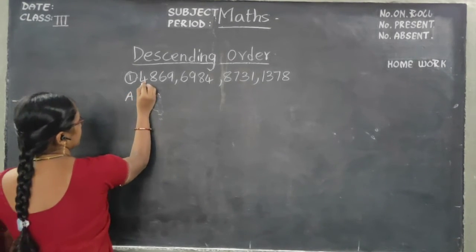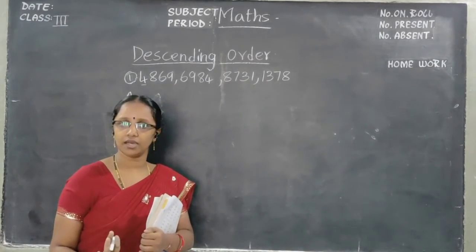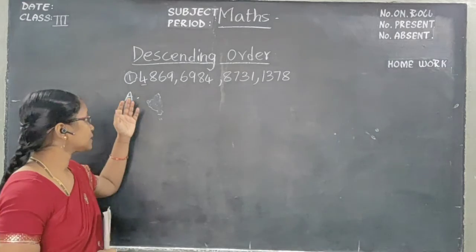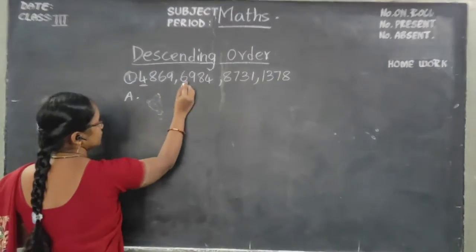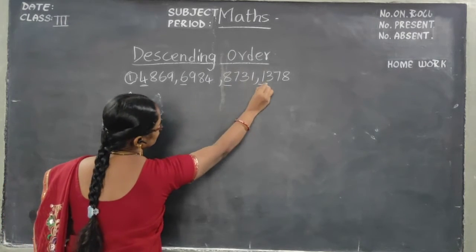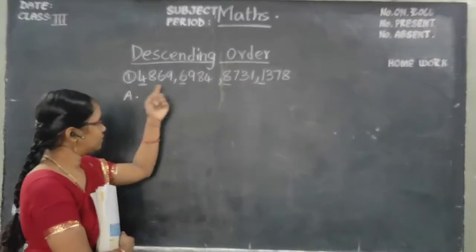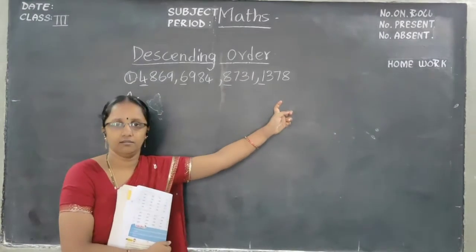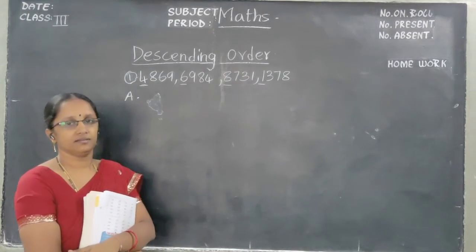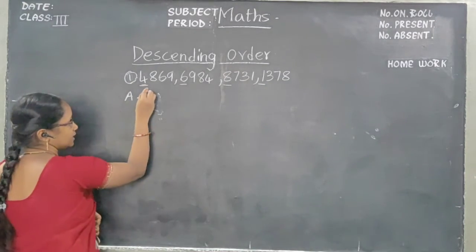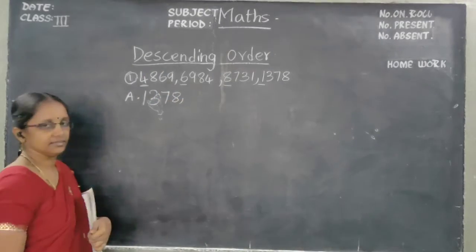Now let's see. Here also the same process. Nothing is different. As we did in ascending order, the same way we can see. First in the thousands place. So here what is there? 4, 6, 8, 1. All numbers are different, right? In this 4, 6, 8, 1, which number is small? Yes, 1 is small. So what will come? 1378.